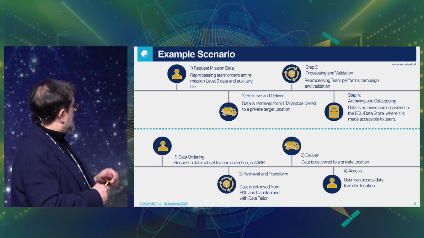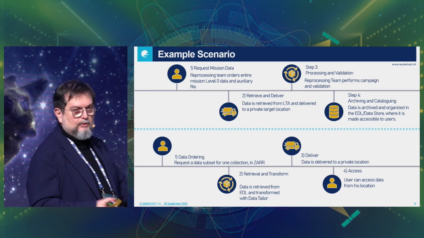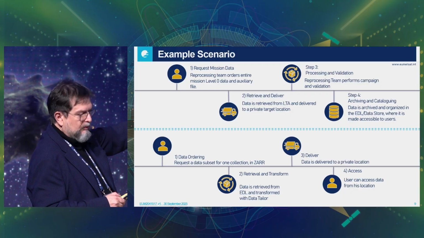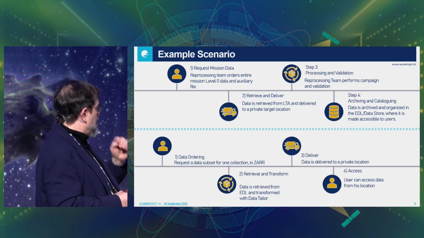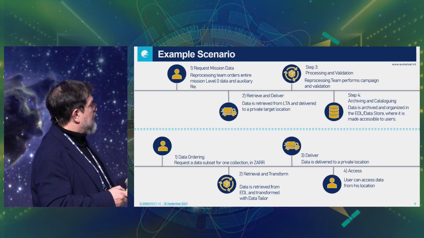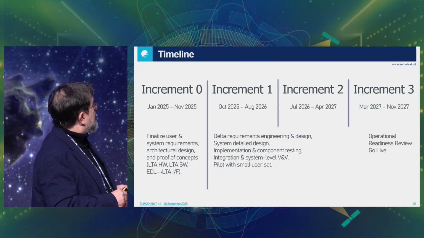The other scenario can be, for example, a requested data subset for one collection in Zarr for an internal proof of concept. So we retrieve and transform on the fly, for example on a single file basis, and we deliver, and then the user can access the data.